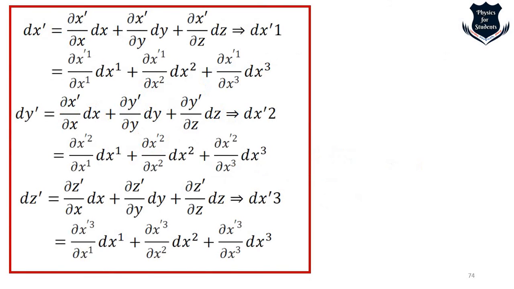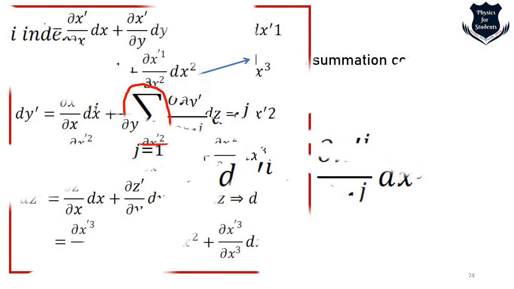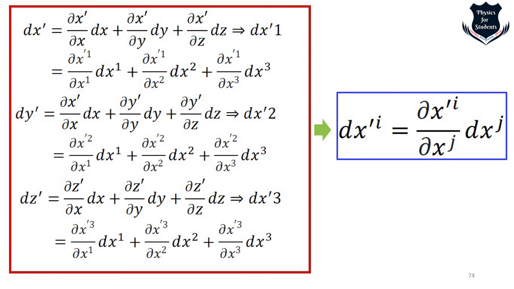Here the j gets replaced, the sigma is removed, and the equation looks nice and handsome. So this is using the Einstein summation convention. Now this big partial differential equation gets reduced to this, and that is the beauty. Isn't it beautiful? This entire equation we can use in this way.